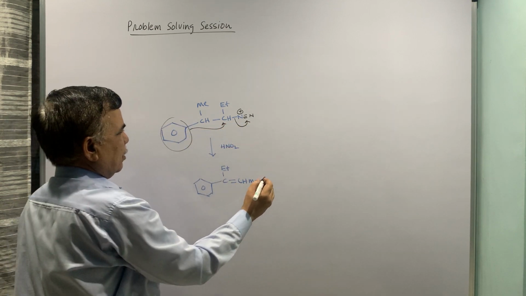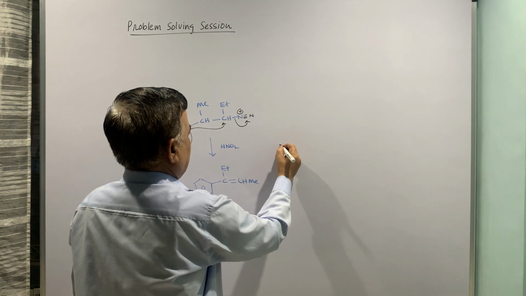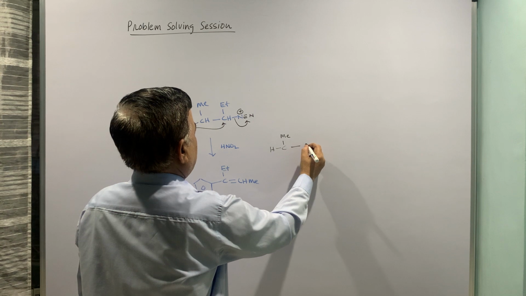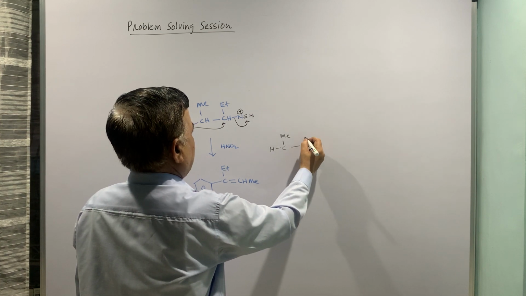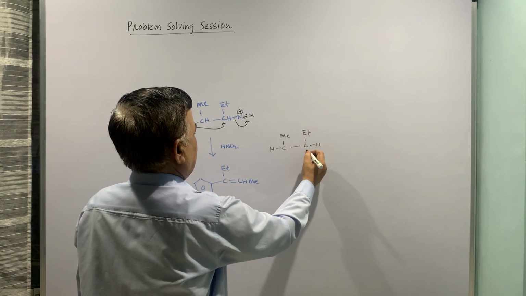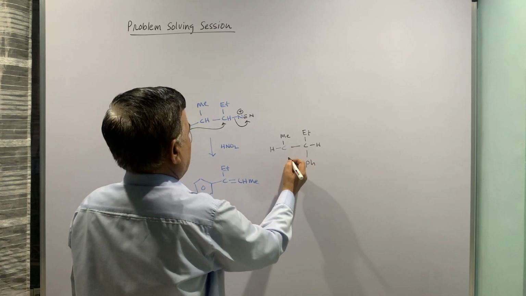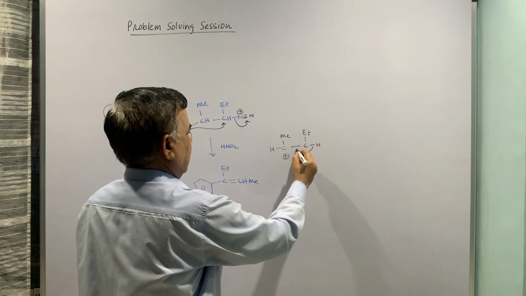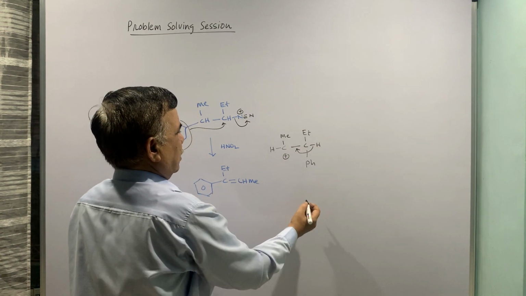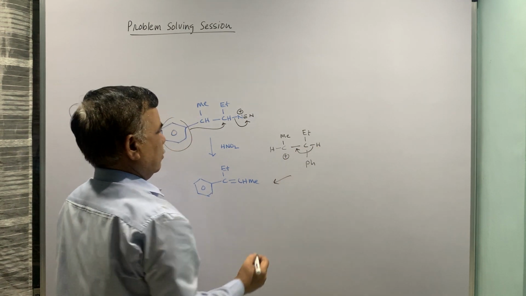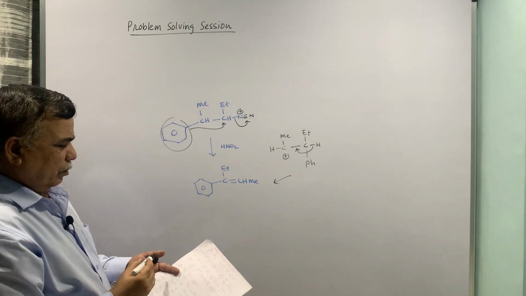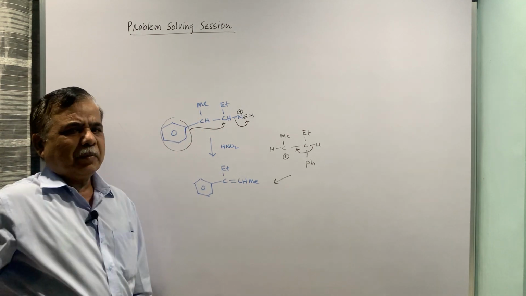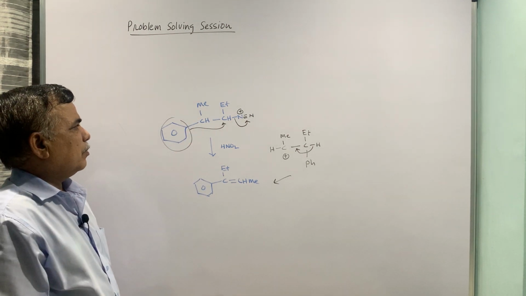So, that migrates, and then you will be left with CHMe, CH, ethyl and then phenyl, and this will turn positive. Lastly, this proton is lost and you get the product. So, here you have to know the relative migrating aptitude of the groups.